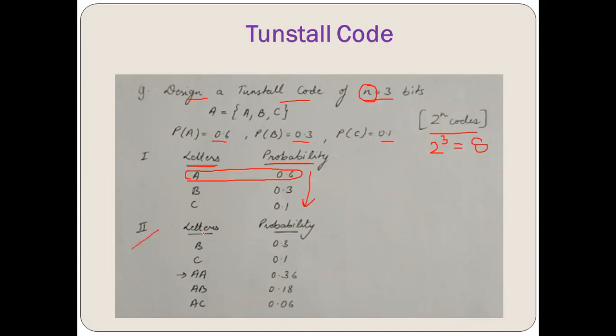That is, I'm going to write letter and probability. I have omitted A. I'll write B, the next symbol, that is 0.3, then C as 0.1.